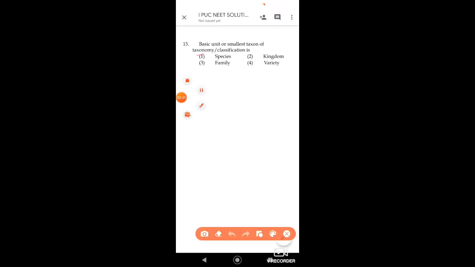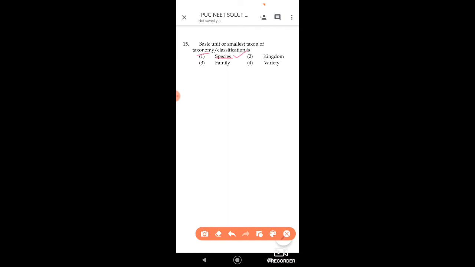Next we have: basic unit or smallest taxon of taxonomy or classification is. Let me tell you, the basic unit, the smallest taxon, or the taxon having the maximum number of common characteristics is the species. And how can we define species? Species are closely related individuals which can interbreed among themselves to produce fertile offspring, which we already know.